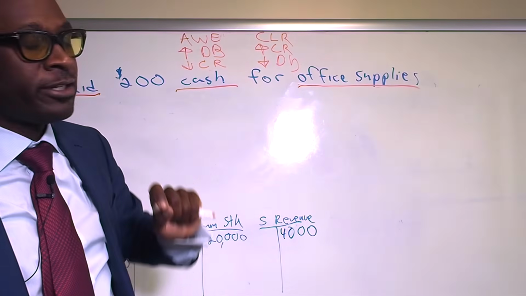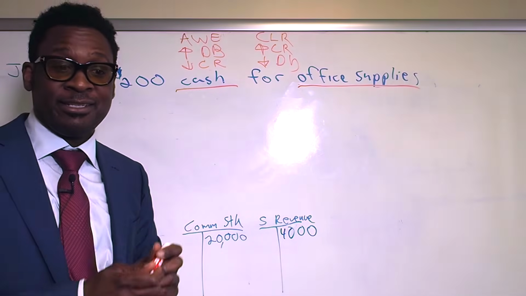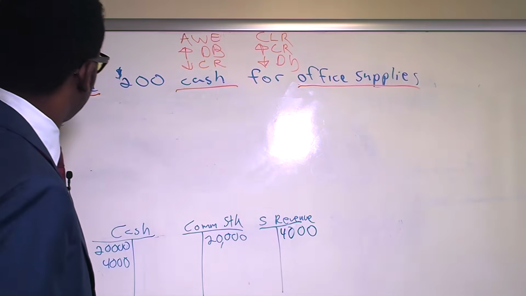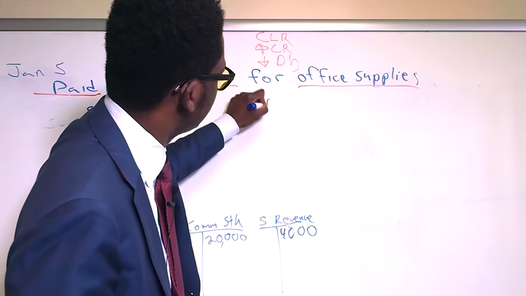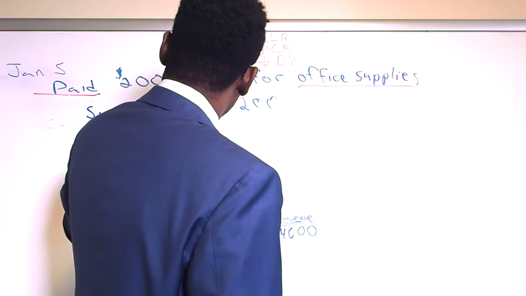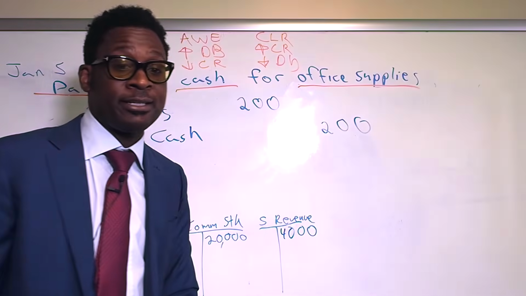And how do we increase things in the all gain? We debit it. You see how easy it gets, gang? So we're going to debit supplies for $200. And we're going to credit cash. Why? Because we already saw the keyword paid.